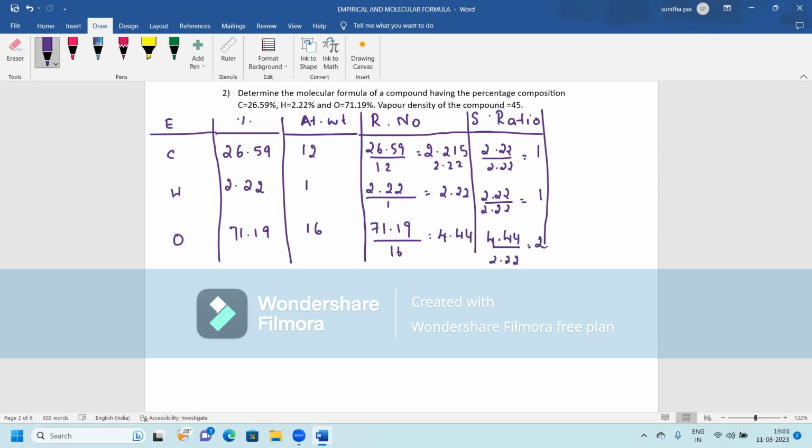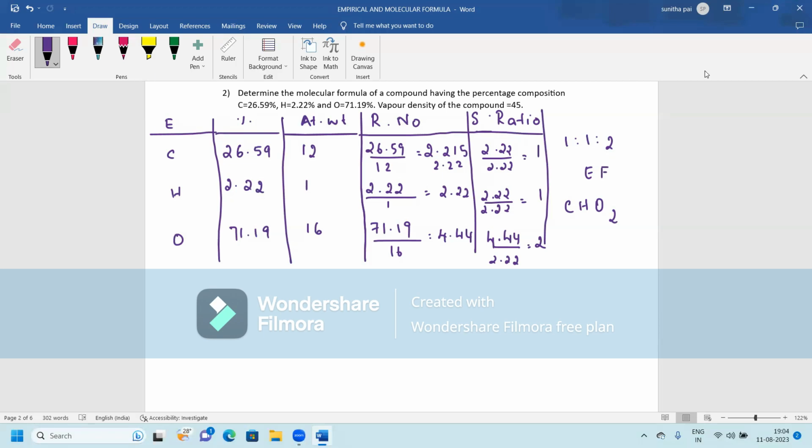So the ratio here is 1 is to 1 is to 2. Therefore, the empirical formula will be CHO2. Empirical formula in this case is CHO2.